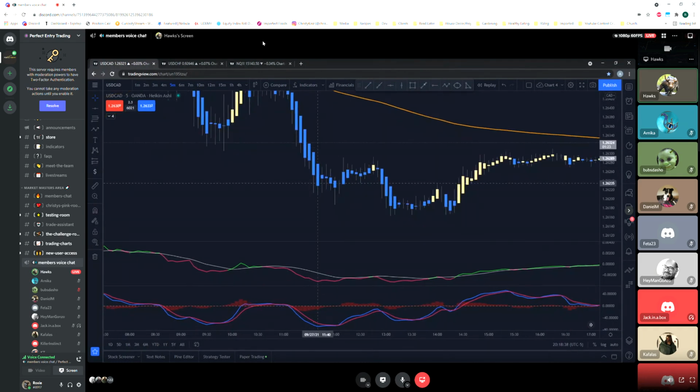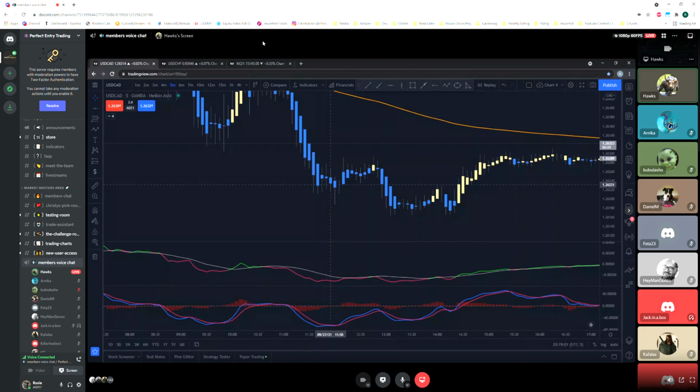As soon as you start seeing wicks forming larger, maybe more than half the body of the candle, then you're coming to an end and price may start to reverse, or it could be a pause in the market. You start getting these doji type candles.